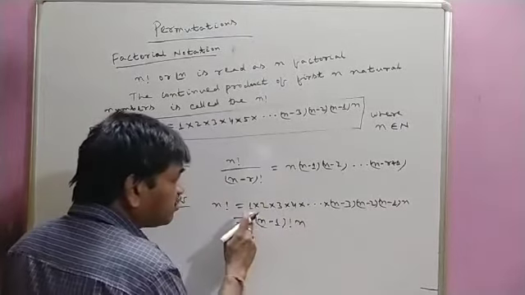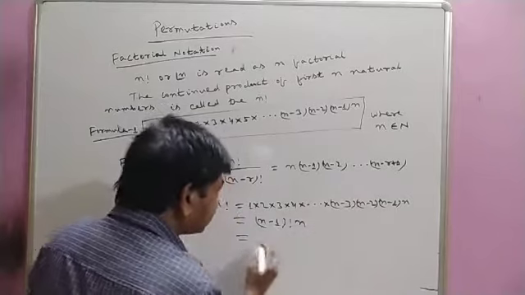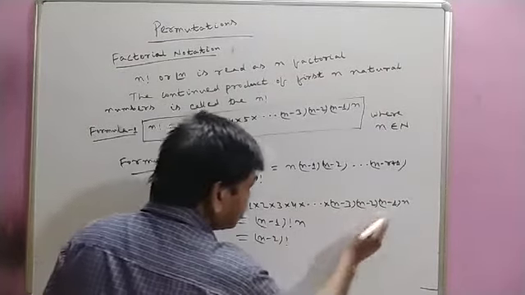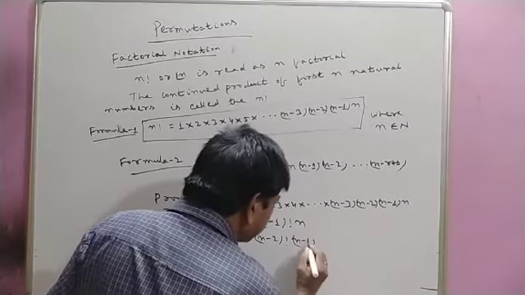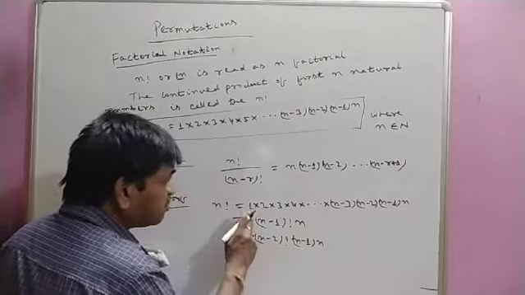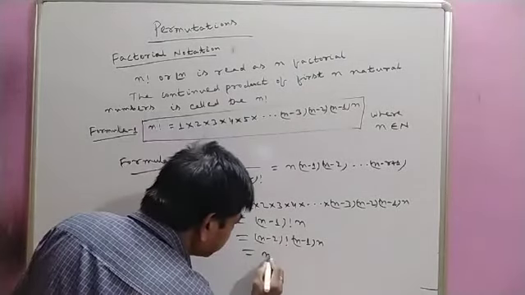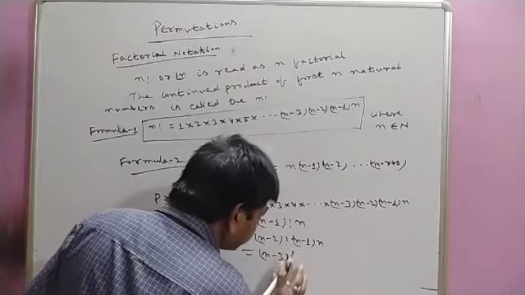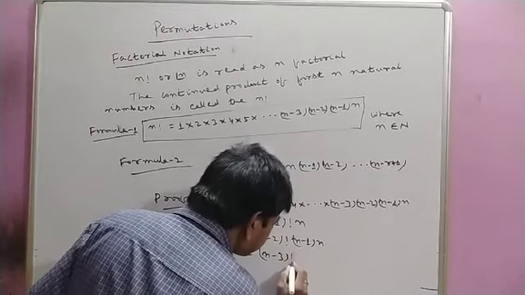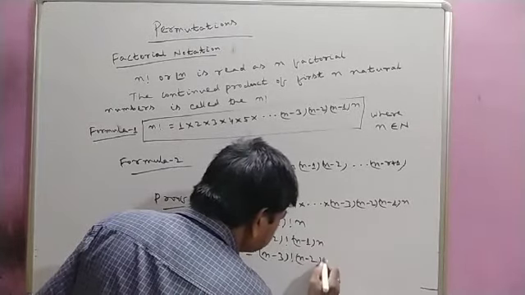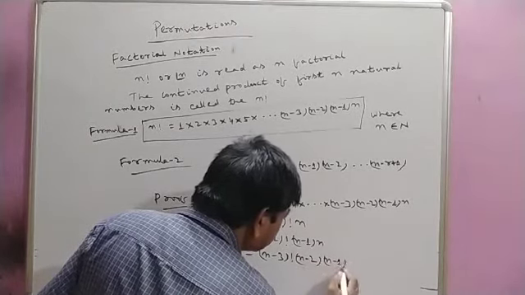If you continue from 1 up to n minus 2, you can write n minus 2 factorial, then after that n minus 1 into n. And if you continue from 1 up to n minus 3, you can write n minus 3 factorial, then n minus 2 into n minus 1 into n.